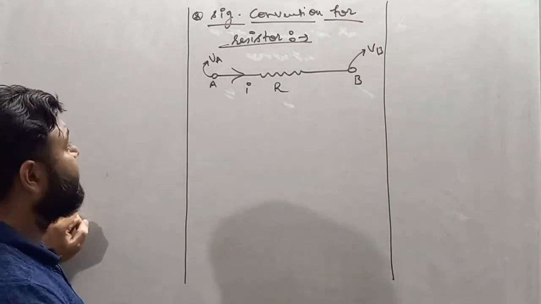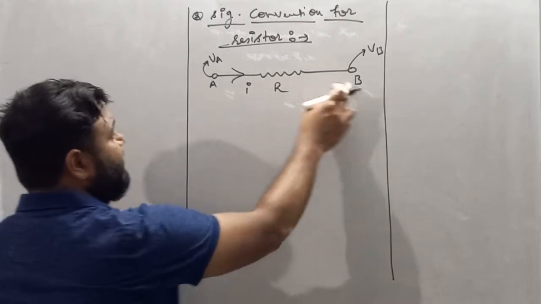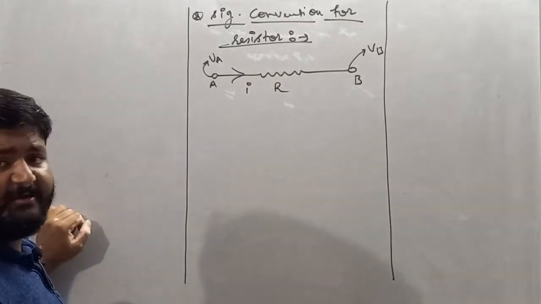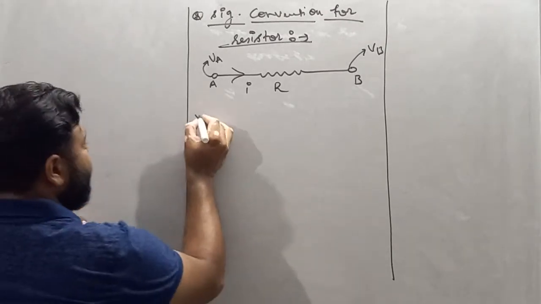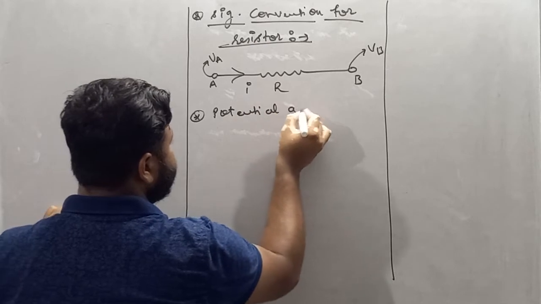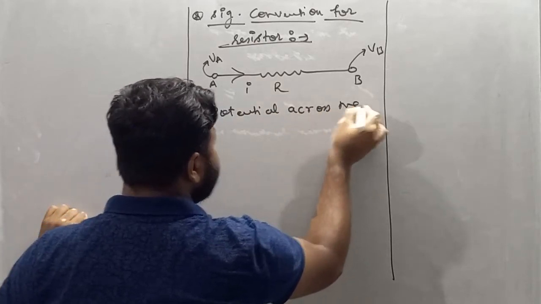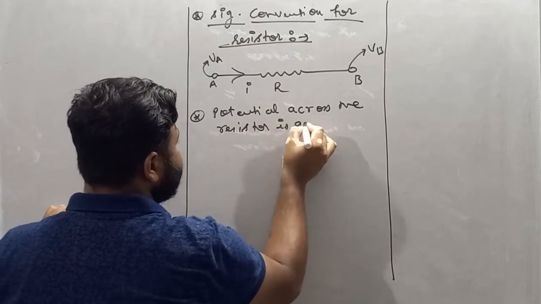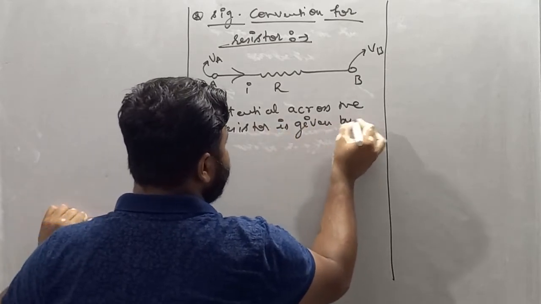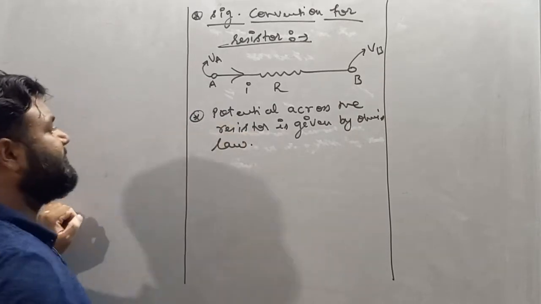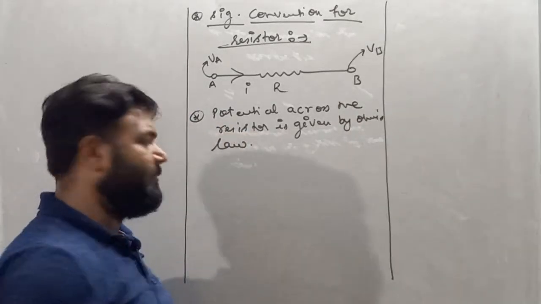Now my dear student, remember this thing. Potential across the resistor is given by Ohm's law.